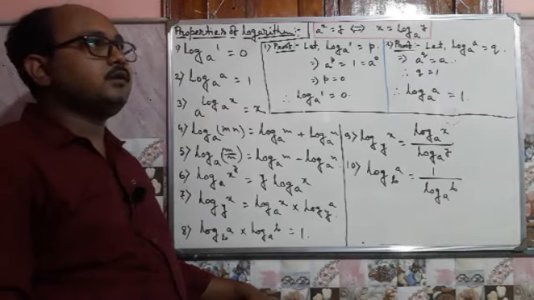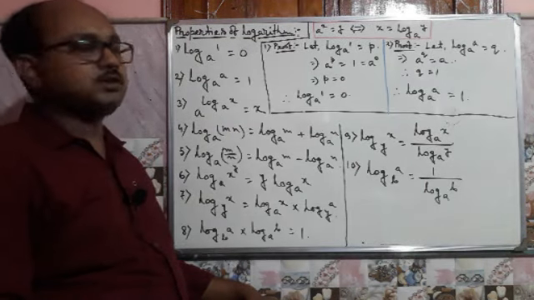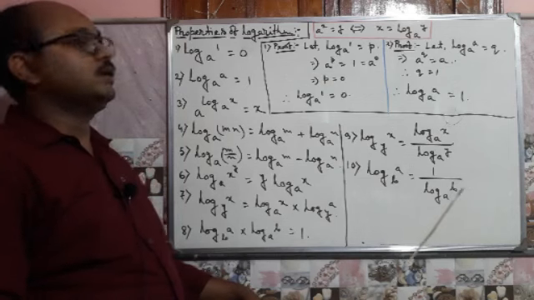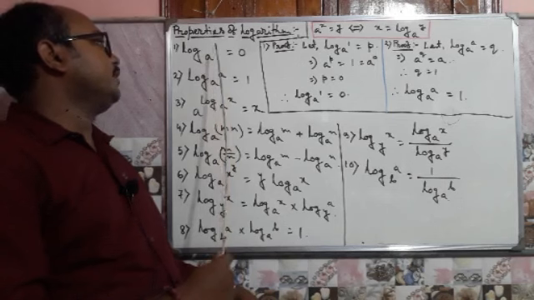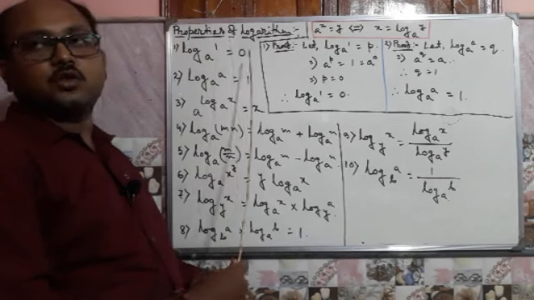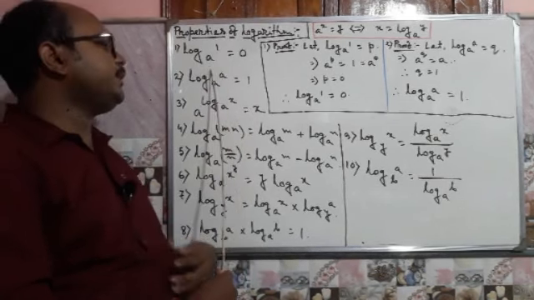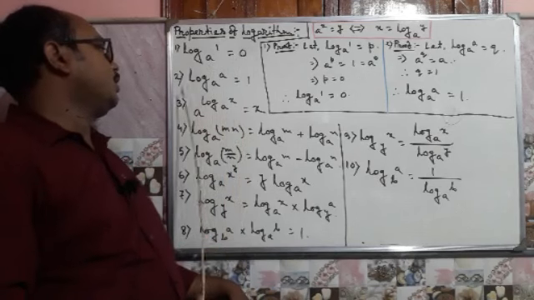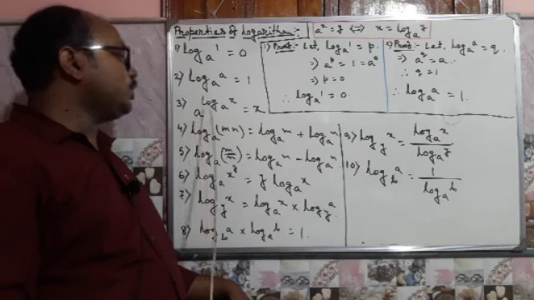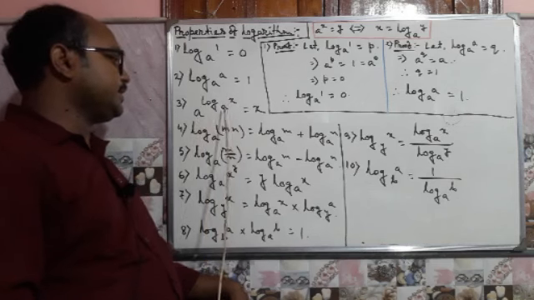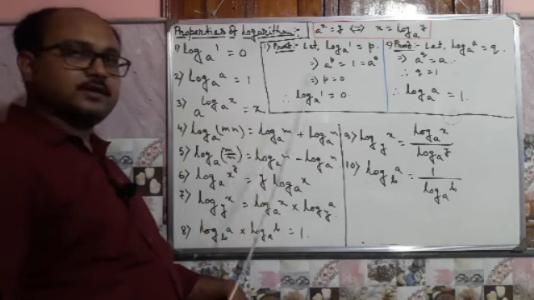Now we shall learn some properties of logarithm. The first property: log 1 to the base a is 0. Log 1 for any base becomes 0. Log a to the base a is 1. A to the power log x to the base a is equal to x.